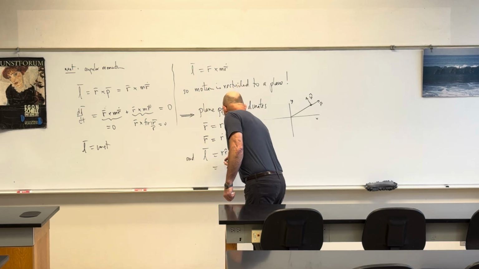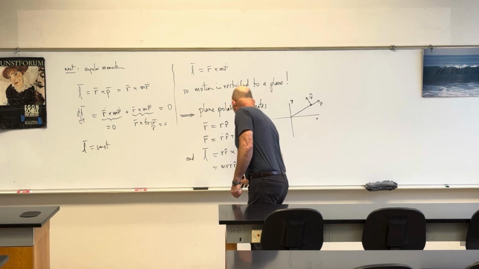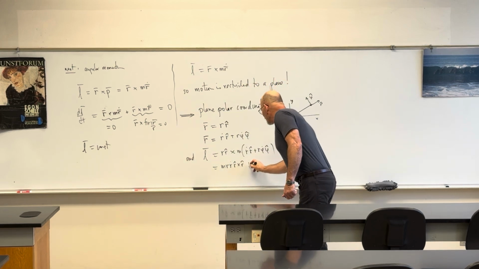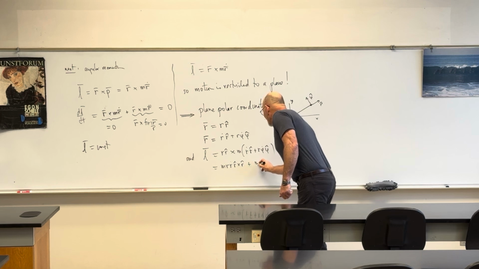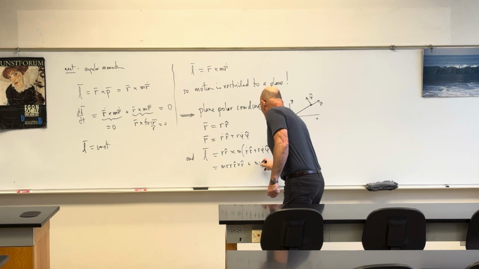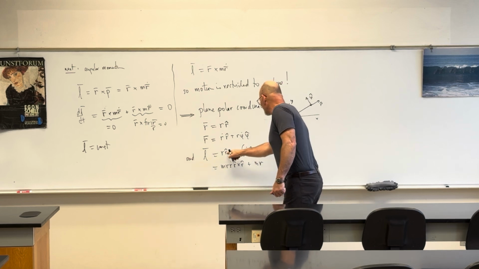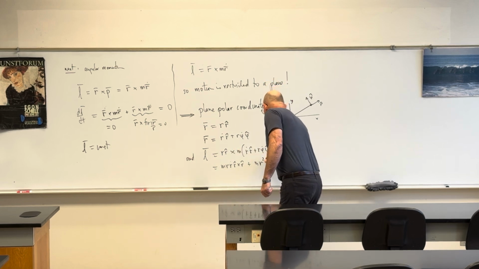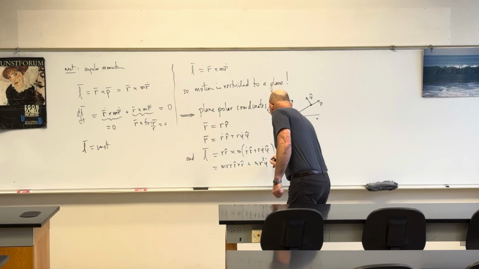So let's go ahead and write this out. We've got m r dot r hat cross r hat, that's the one that's going to vanish, plus m r squared phi dot r hat cross phi hat.